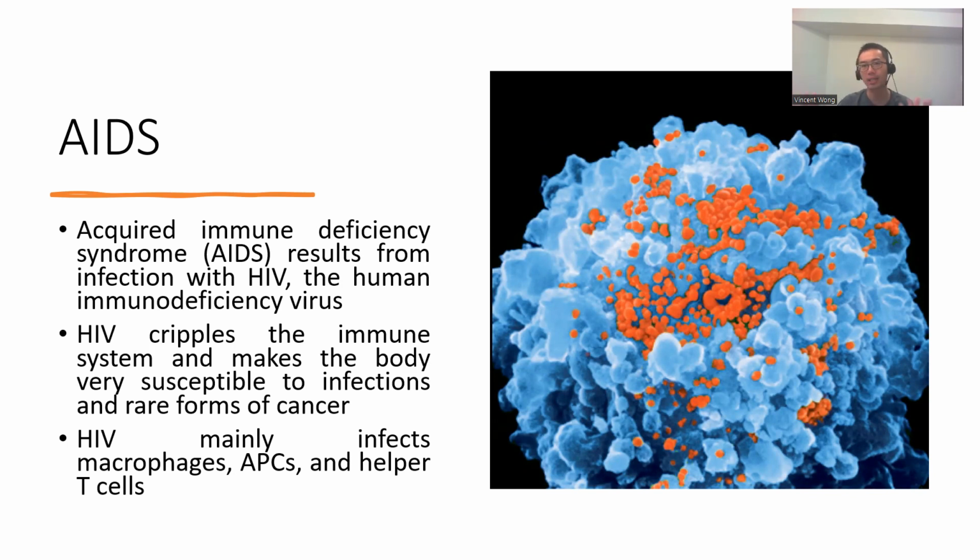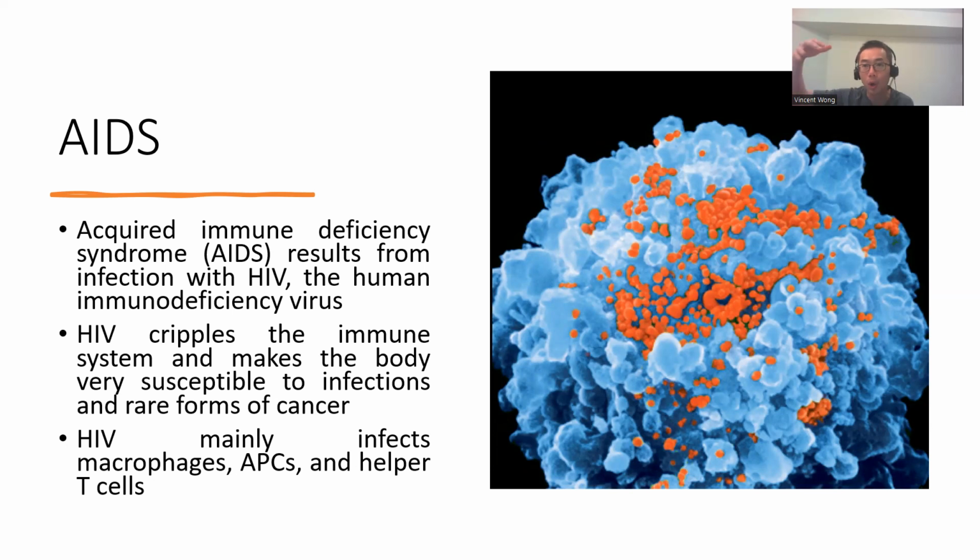These are cells that will eat the pathogen, put it on the surface, and help activate the naive T cells. We only learned macrophage as an example of APCs, but there are other APCs as well. So the HIV virus will attack all these APCs. Without the APCs, you cannot activate naive T cells.